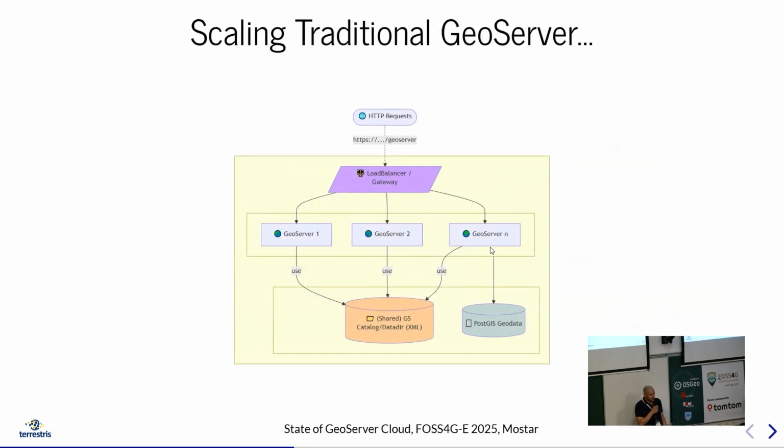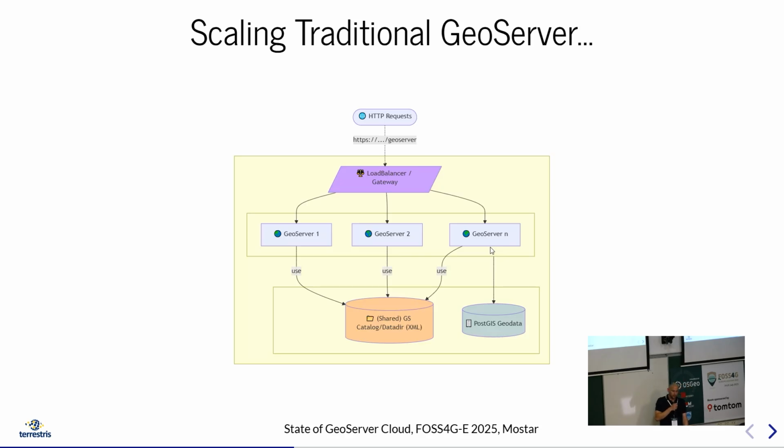So let's imagine scaling the traditional GeoServer. I created this graph. It's not GeoServer Cloud that we see. It's just, in theory, if you would try to scale the traditional GeoServer, you would have incoming HTTP requests against GeoServer, and then you would probably have some kind of gateway, load balancer, proxy, whatever. And then, in the underlying level, you would have these GeoServer instances.